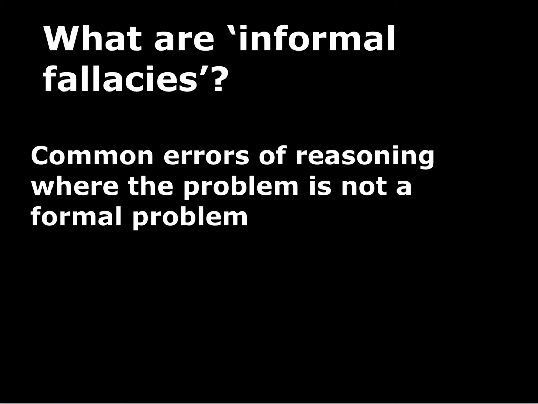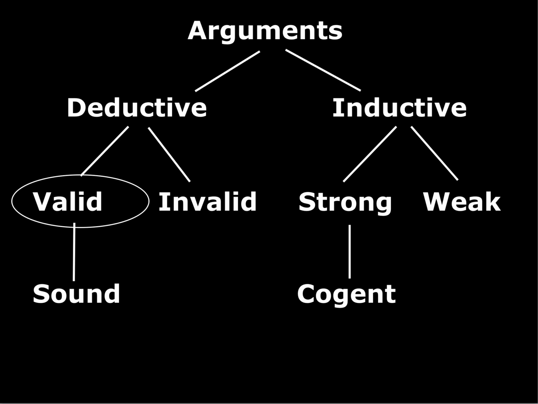The content is important for understanding why some pieces of reasoning are good or bad. And the examples we're going to look at with informal fallacies are where there's something about the content generally that makes the reasoning bad. One thing to keep in mind is that in chapters 1 through 4, we were really concerned about validity, and in particular distinguishing a valid argument from an invalid argument.